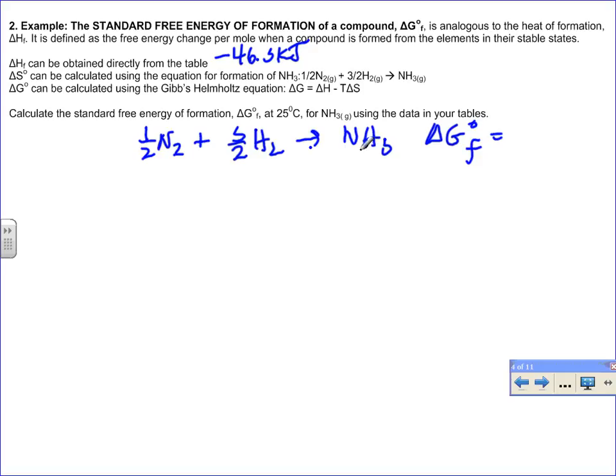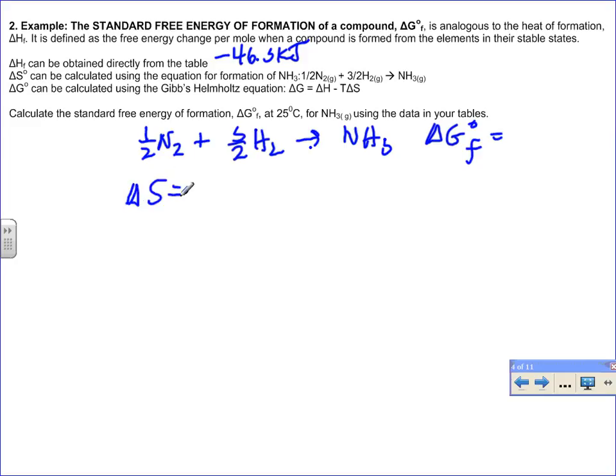The difference between delta H naught and the S values is that these elements have an entropy associated with them. Unlike an element, the element N2 has no heat of formation. It's already in its most elemental form.